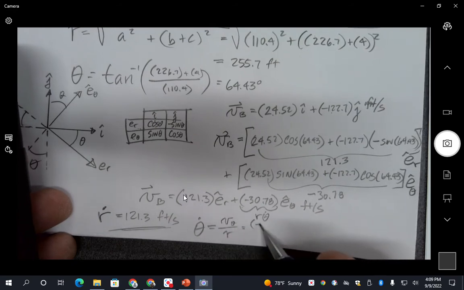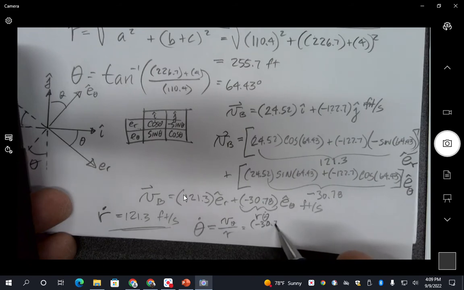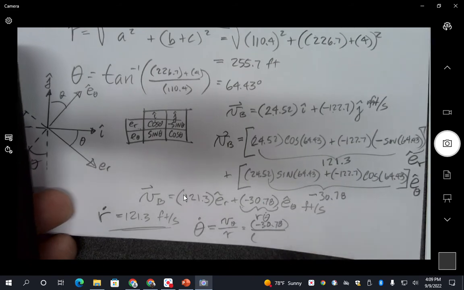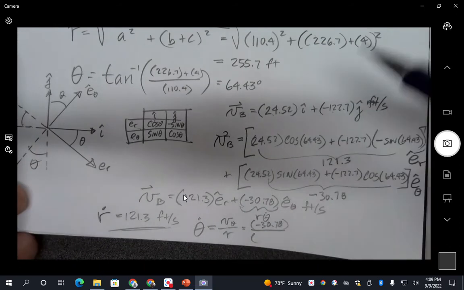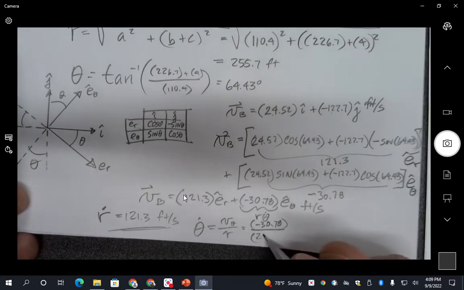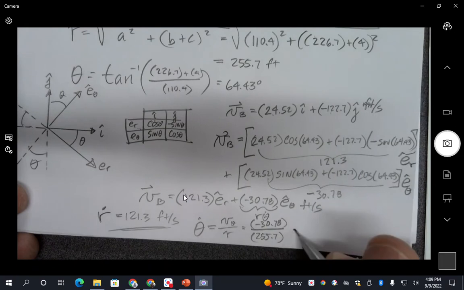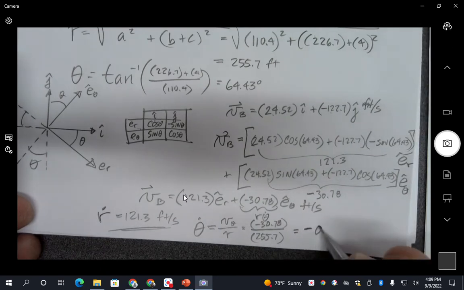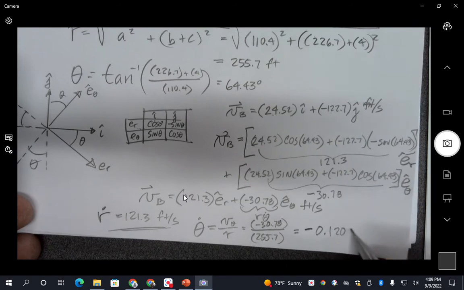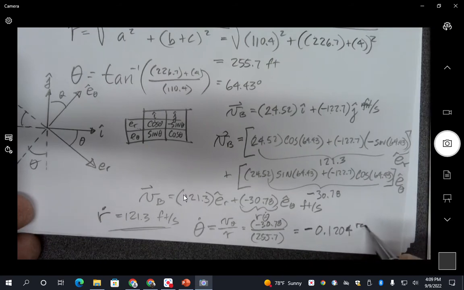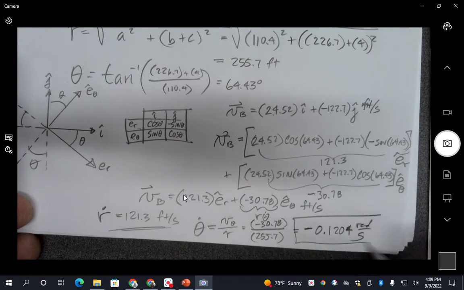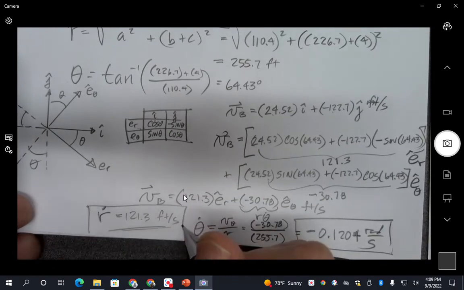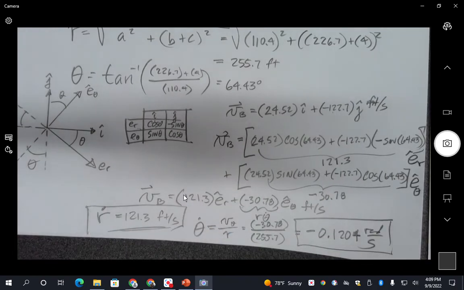R is 255.75. So we get a small number, but it's a negative 0.1204 radians per second. Those are the answers that we're looking for.